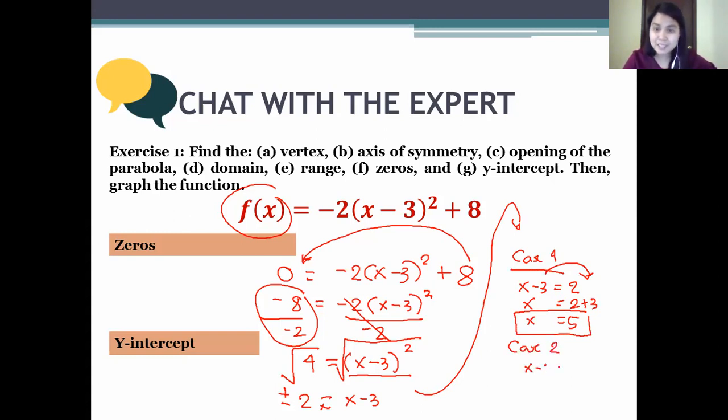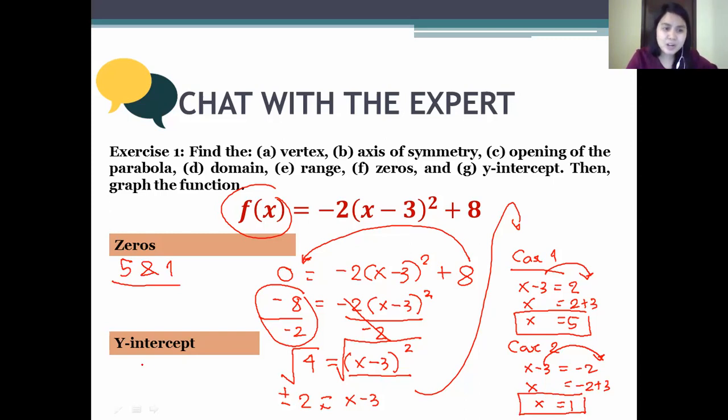So x minus 3 equals negative 2. Next, transpose the 3 to the other side. Negative 2 plus 3, so x equals 1. Therefore, our zeros are 5 and 1.